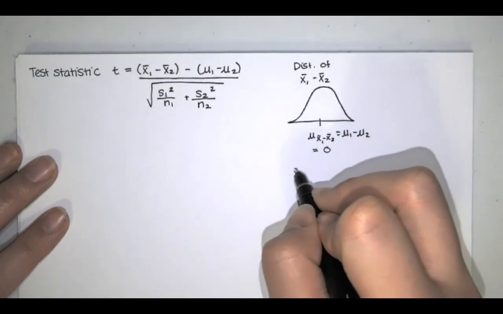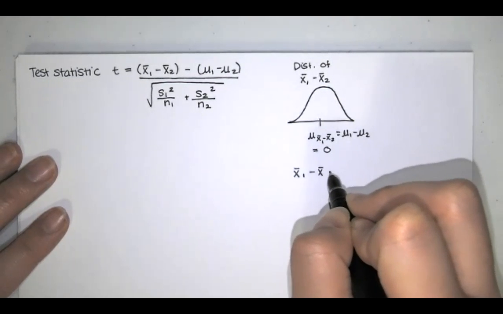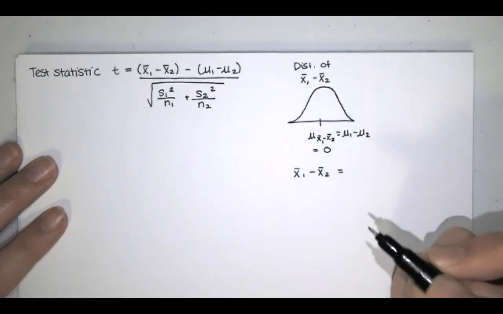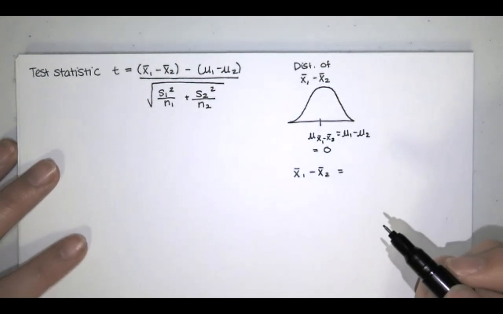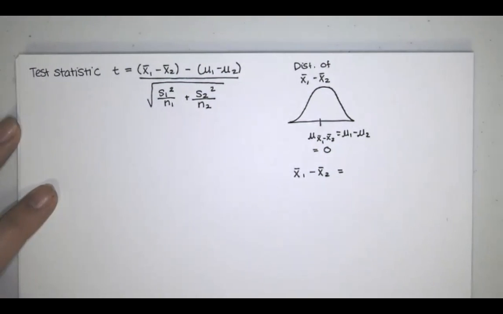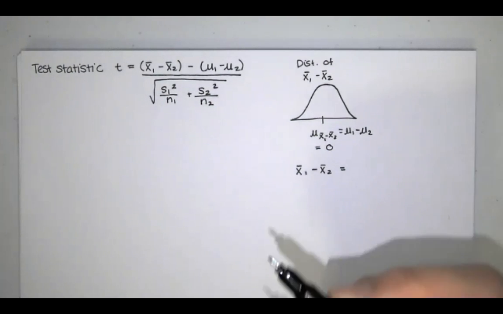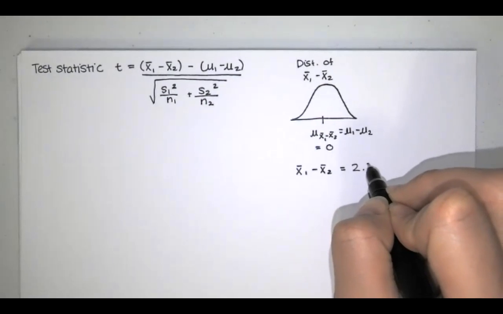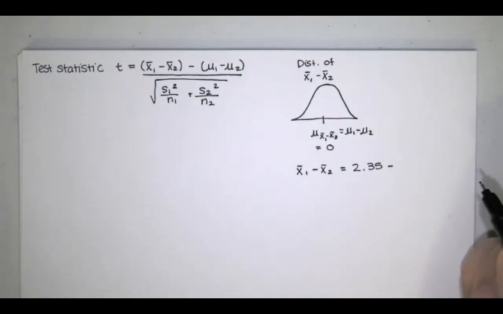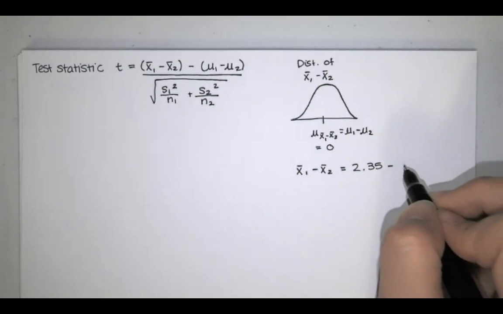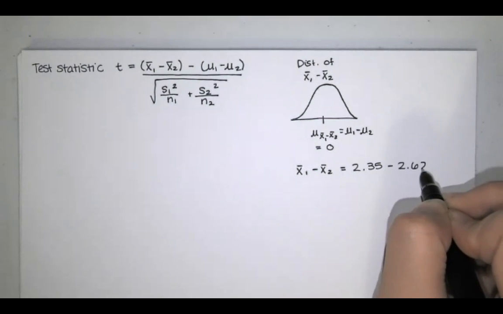In our case, x sub 1 bar and x sub 2 bar can be subtracted like this. Let's see. X sub 1 bar was 2.35 and x sub 2 bar was 2.62.